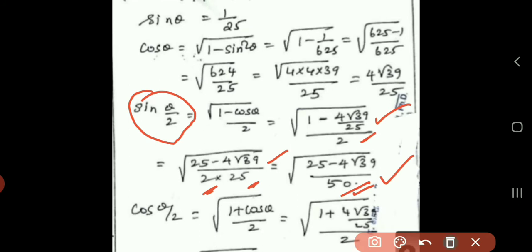And then I want to find the value of cos theta by 2. Here cos theta by 2 equals root of (1 plus cos theta) by 2. Sin theta by 2 is root of (1 minus cos theta) by 2 and cos theta by 2 is root of (1 plus cos theta) by 2.